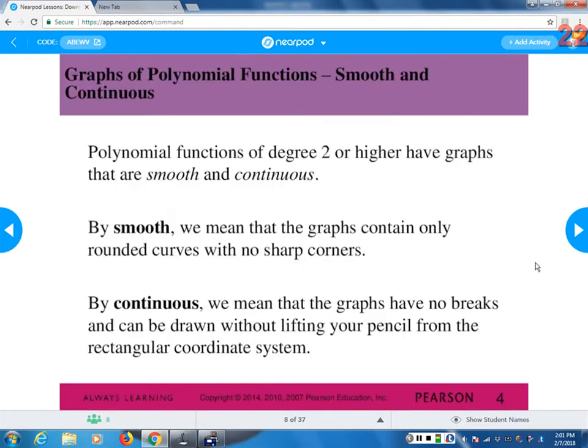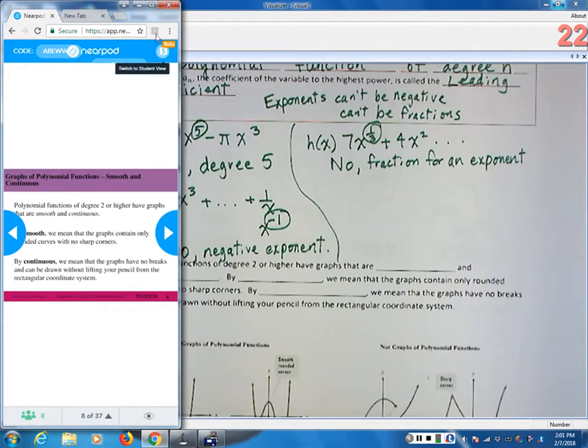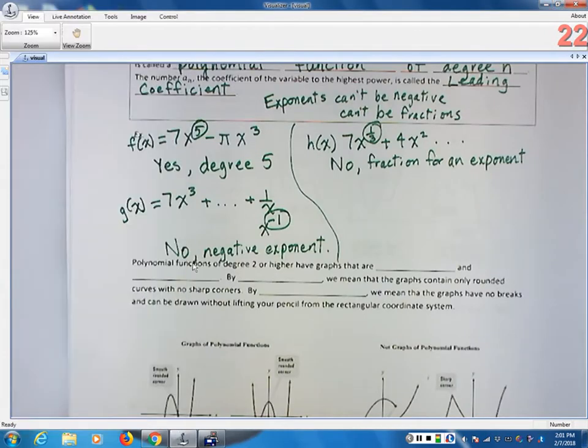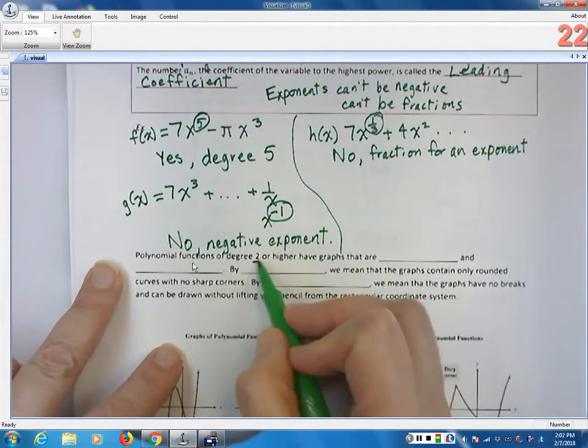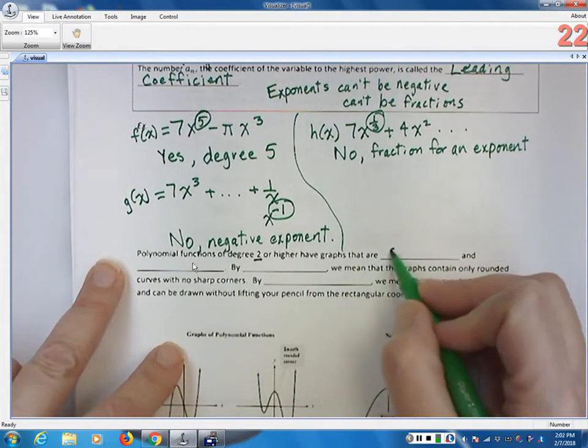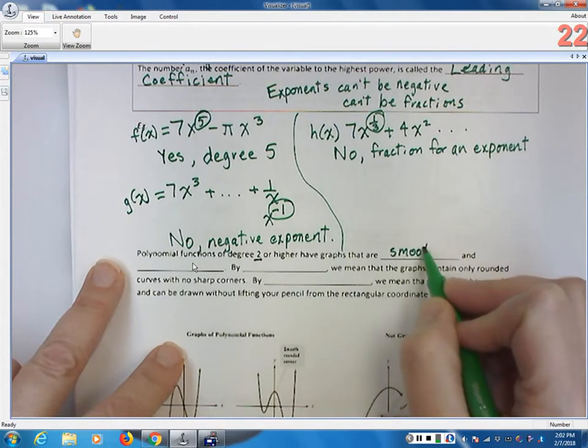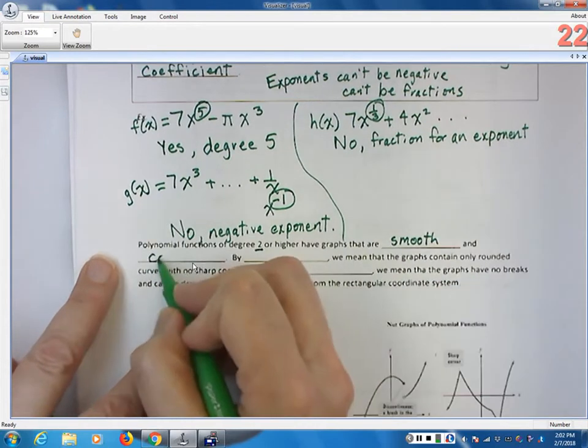So here's the next part. We'll just keep coming back to it. Polynomial functions of degree 2 or higher have graphs that are smooth and continuous.